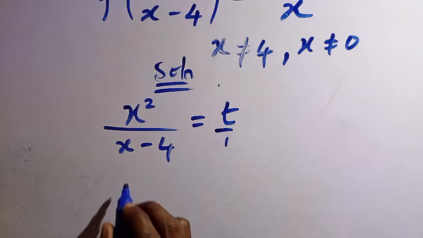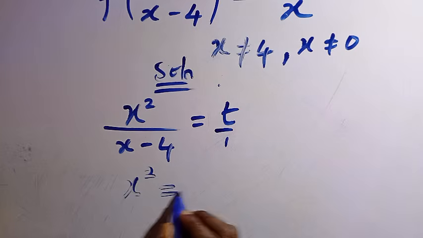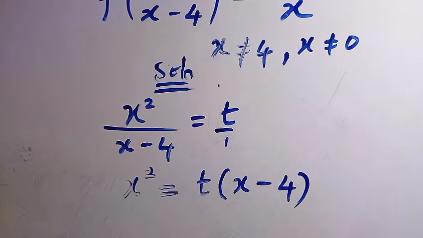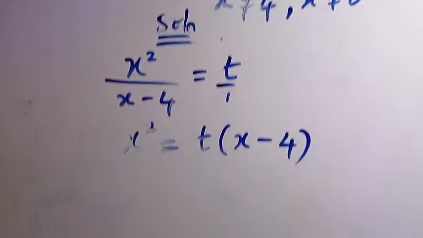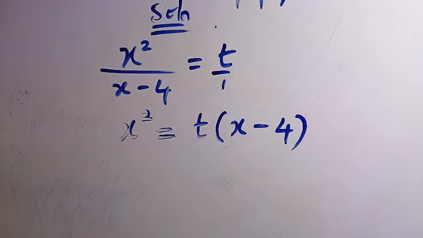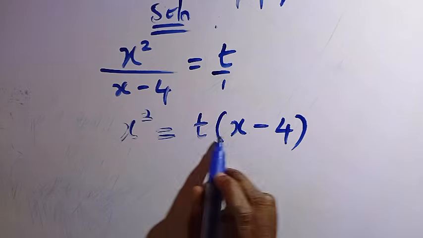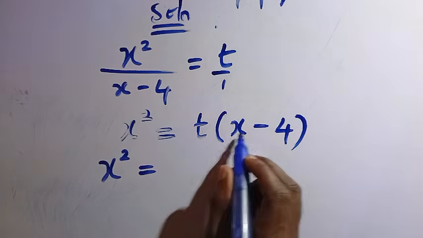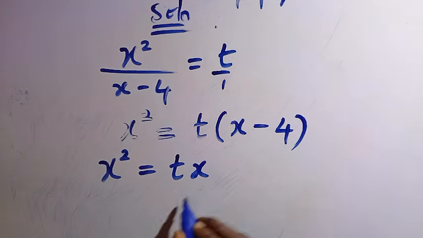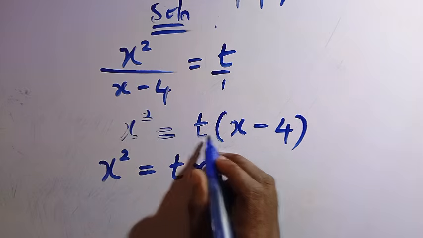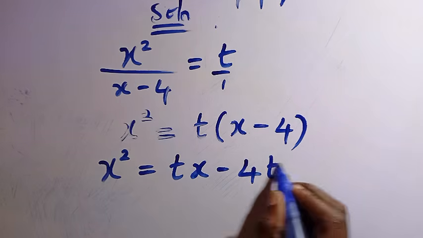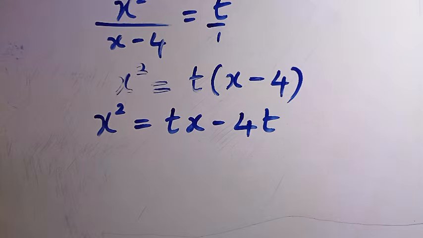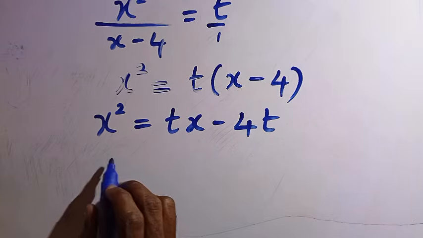On cross multiplying, we have x squared equals t into bracket of x minus 4. Then we open this parenthesis: x squared equals t multiplied by x gives us tx, minus t multiplied by 4 gives us 4t. So then let's collect the whole of this to this side.